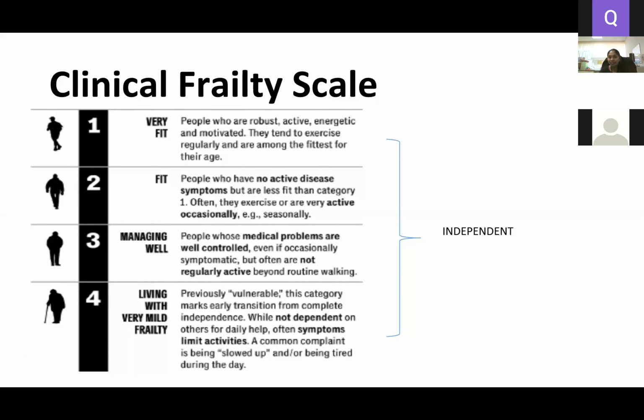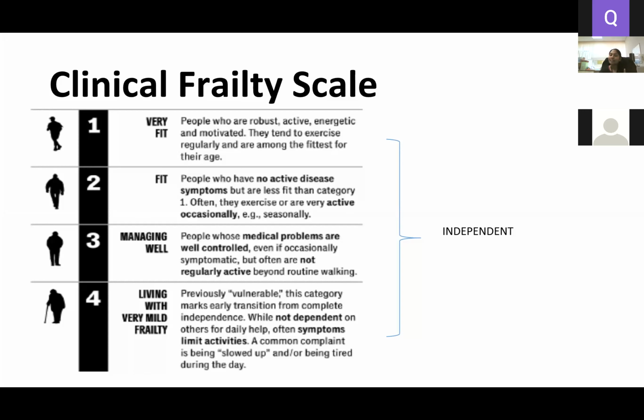How do you differentiate between 1, 2, 3, 4? For 1, 2, 3, we decide which level they are based on their exercise regime, whether they exercise regularly, whether they exercise occasionally or seasonally, or whether they are not on regular exercise except routine walking. So that's 1, 2, and 3.